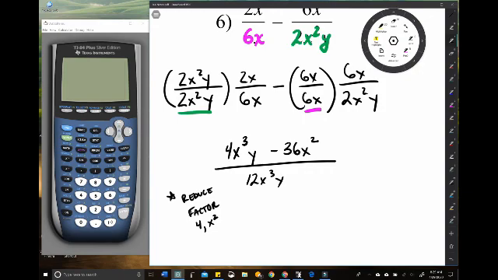So if I reduce 4x to the third by 4 and x squared, I'm just left with xy. If I reduce 36 by 4, that gives me 9. X squared is reduced, and the denominator by 4 is 3xy.